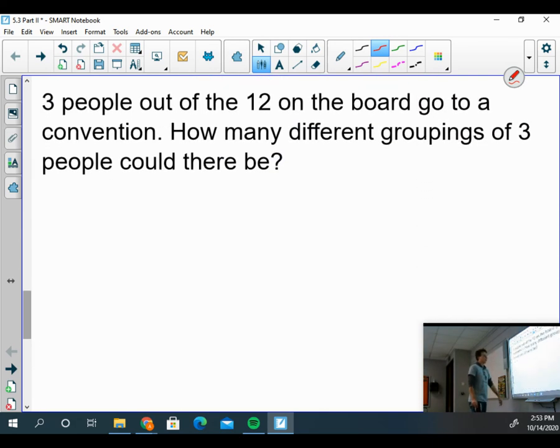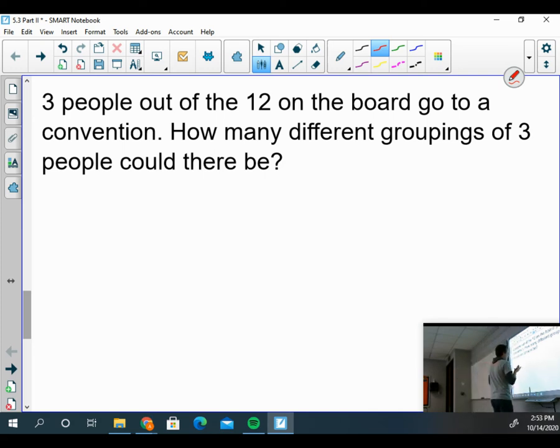So what's a practical example? Well, unlike the voting example where we're choosing a president, a vice president, and a treasurer, and we want our best to be the president and so on, it's not the same. If we are selecting 3 people out of 12 to go to the convention, how many different groupings of 3 people could there be? Order doesn't matter here. It doesn't matter if I'm the first chosen or the second chosen or the third chosen.